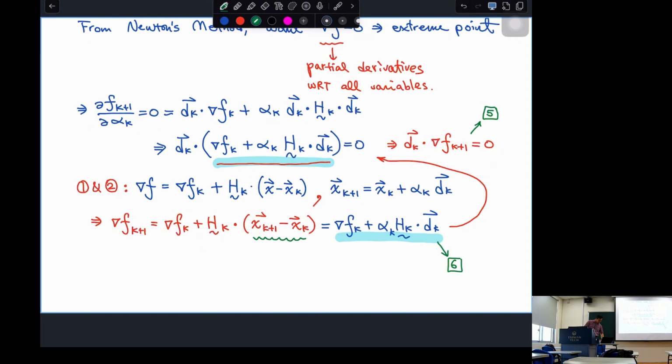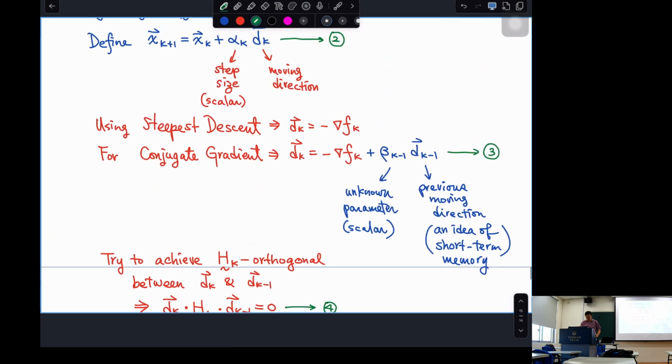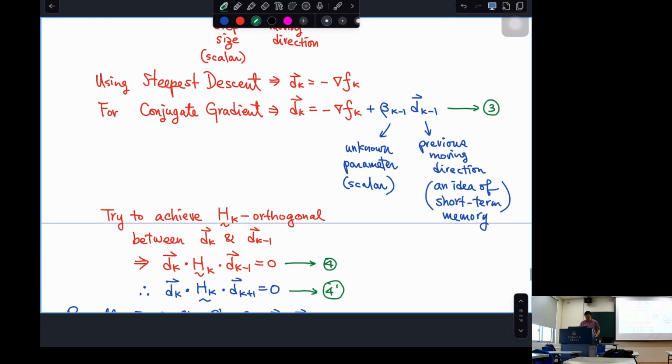Now, again, we actually didn't use equation 3. We used equation 1 and 2, but we didn't touch equation 3, which is the equation with unknown parameter beta in the new definition of conjugate gradient.